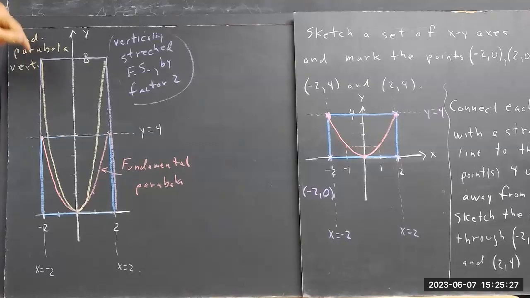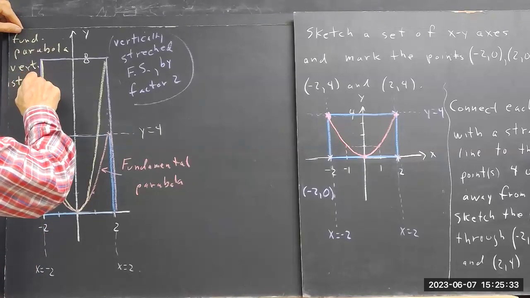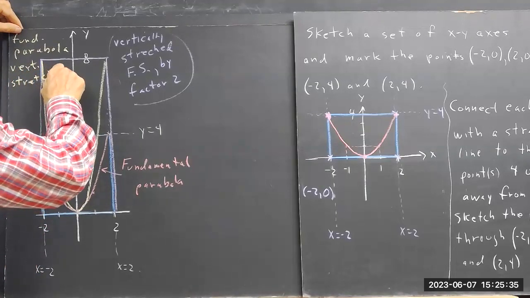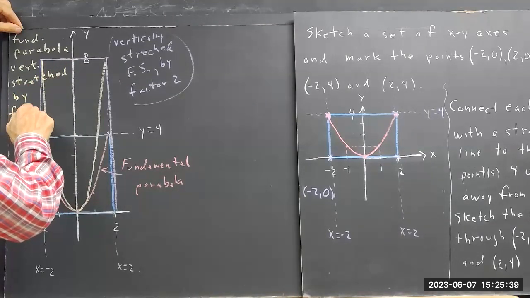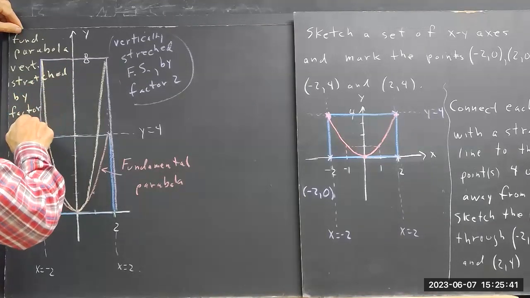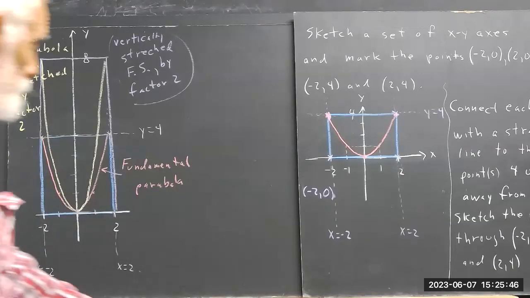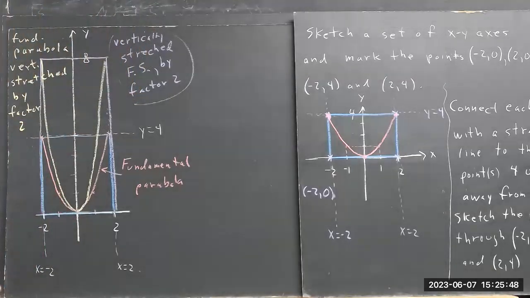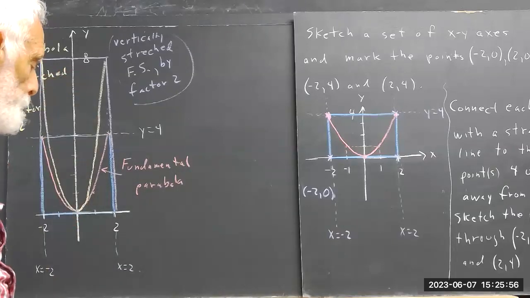But I'm going to call this the fundamental parabola, vertically stretched by factor 2. There it is. Now I'm going to claim now, well, we'll talk about what the formula for this one ought to be.